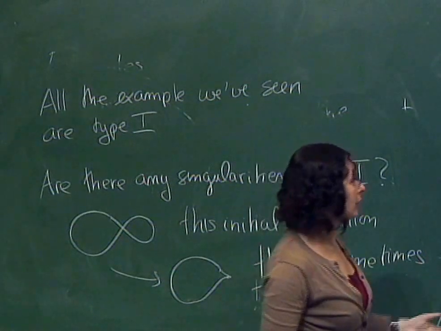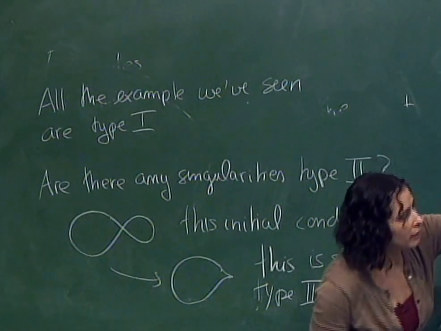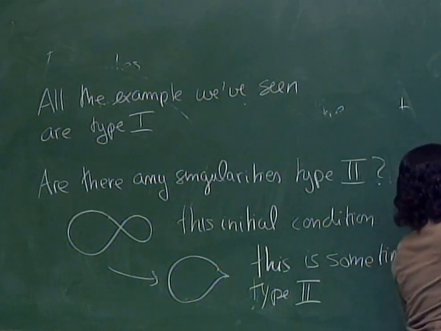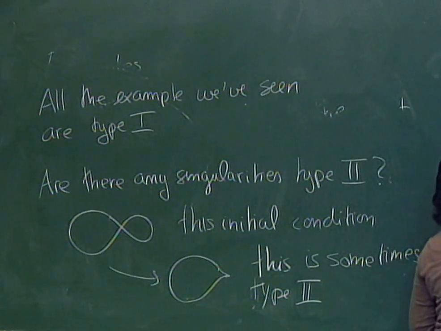So the idea is that I have again the same setup as there. Let the surface be the mean curvature flow evolution.